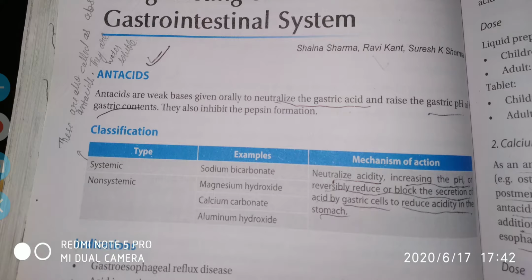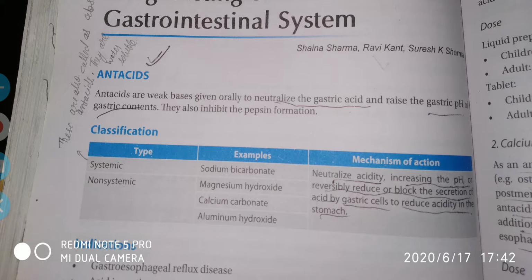So there are two classifications, as we already know. These are the systemic and non-systemic. The systemic is sodium bicarbonate, and non-systemic examples can be calcium carbonate, magnesium hydroxide, aluminum hydroxide.